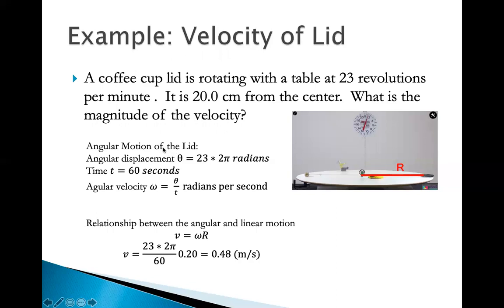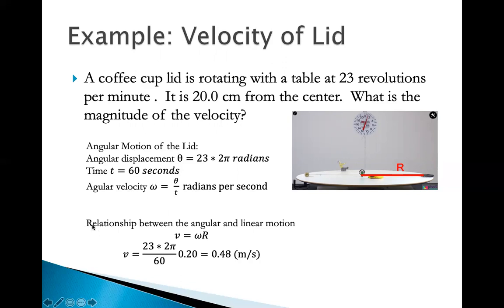First, let's look at the angular motion. The angular displacement is 23 multiplied by 2 pi radians, the total angular displacement. The time, 1 minute, equals 60 seconds. So we converted the angular displacement and time both to SI base units. The angular velocity is the angle divided by time, in radians per second.